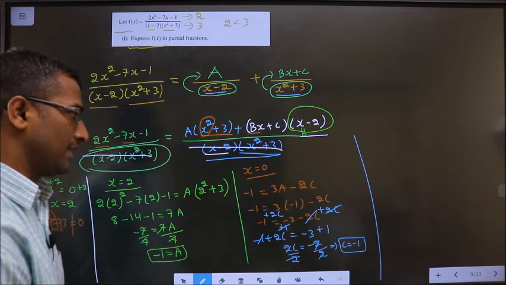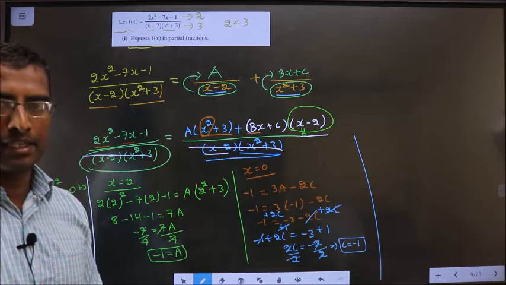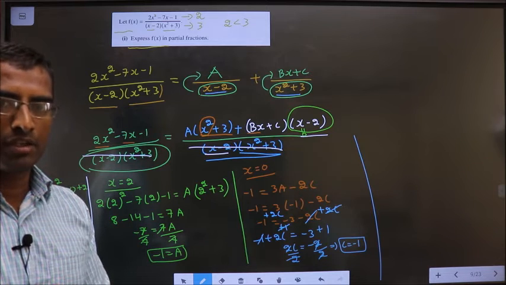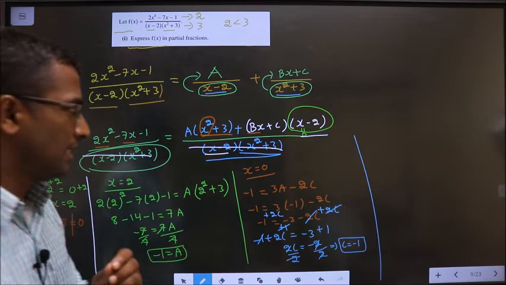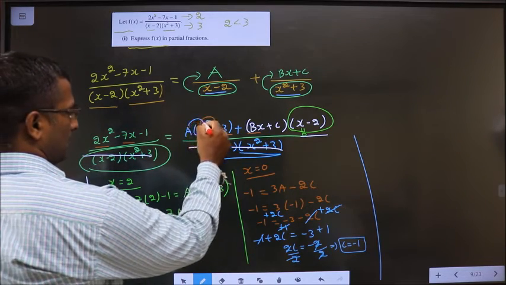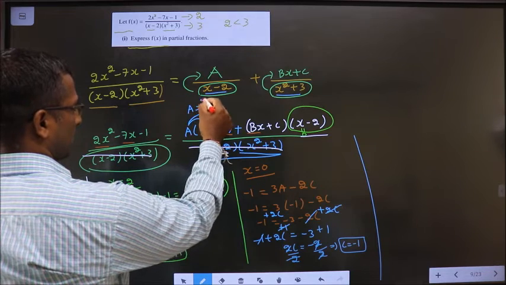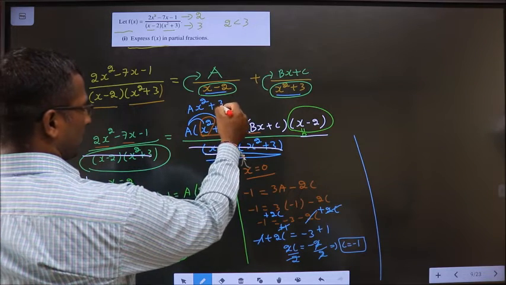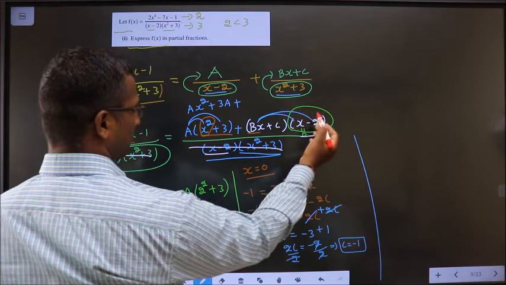Okay. Next. Now I need to compare the coefficients. Whenever you want to compare, before that you need to open the bracket. What do I mean is, see, like this you open it up, then it will become ax square plus 3a plus, here also multiply.